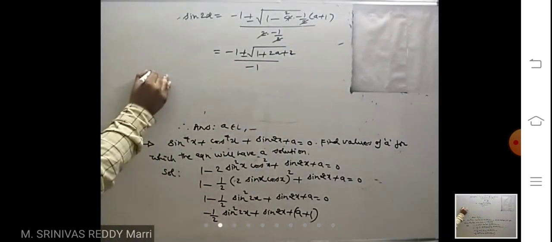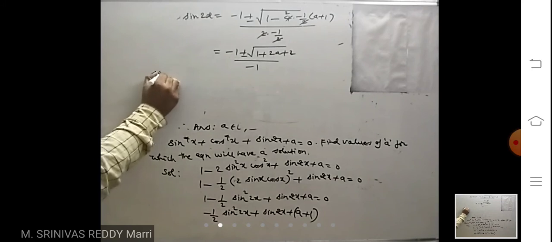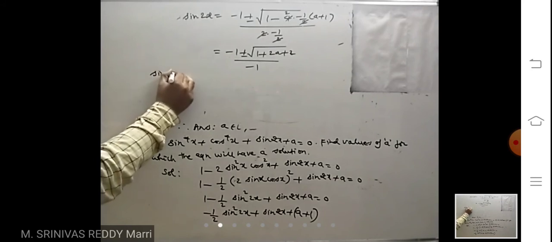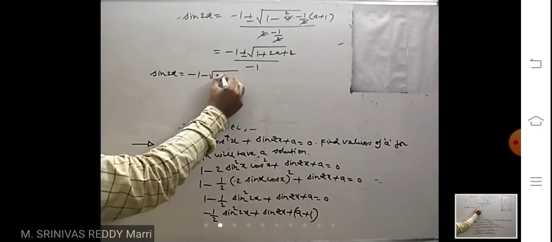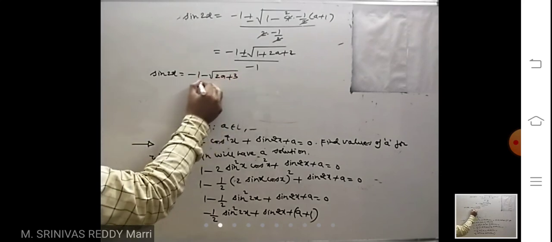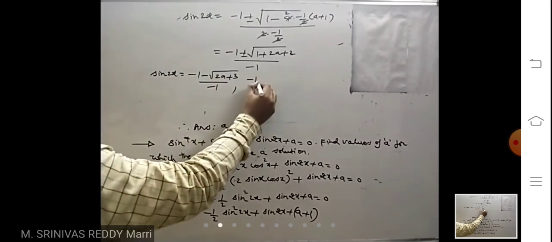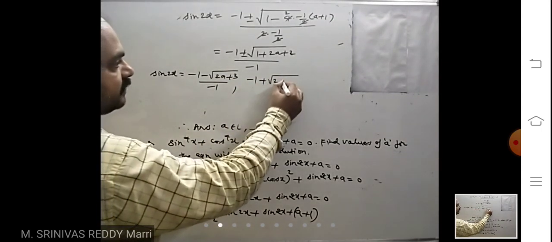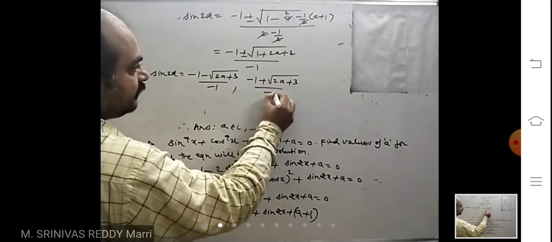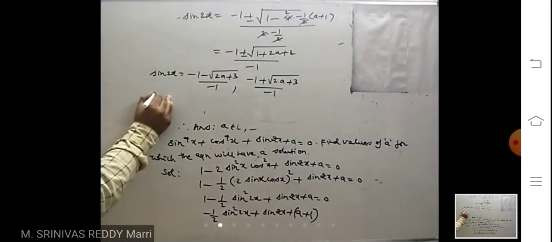minus 1. So if you calculate the values, minus 1 minus root of 2a plus 3 divided by minus 1, and minus 1 plus root of 2a plus 3 divided by minus 1.